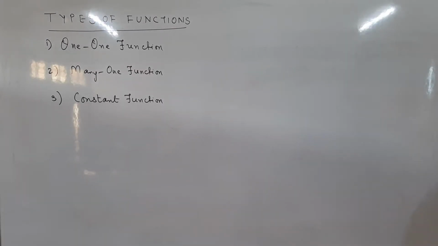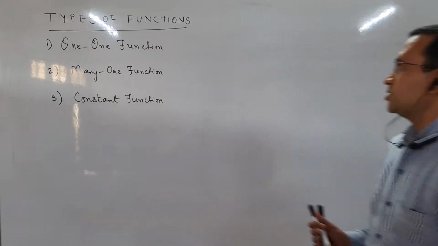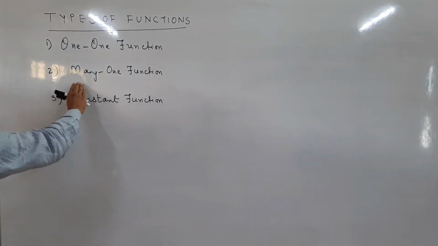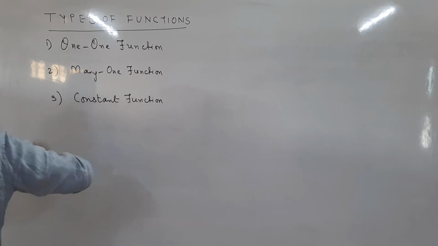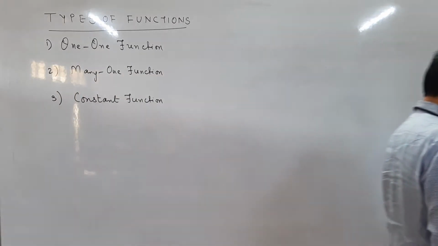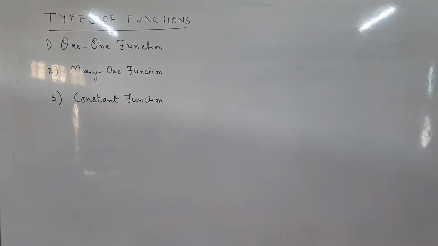Now, students, basically there are three types of functions. The first type is one-one, second is many-one function, and the third is a constant function.